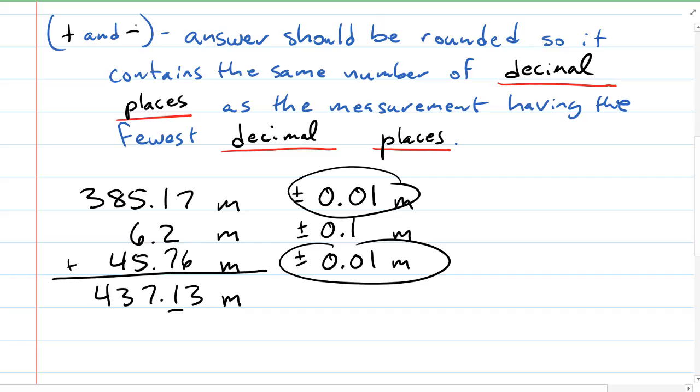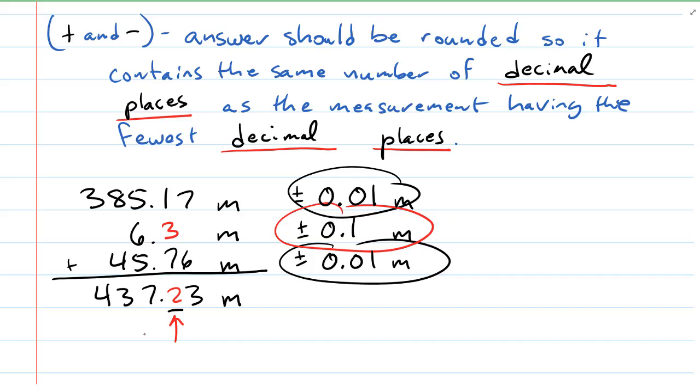But if we go to this one here now in the center, the plus or minus 0.1, if we repeated it now, instead of 6.2, say we wound up with 6.3, notice now that this would change this answer to be 437.23, telling us that this here is the uncertain digit and is the one to which we would round.